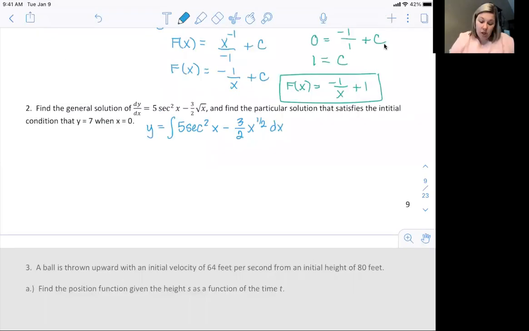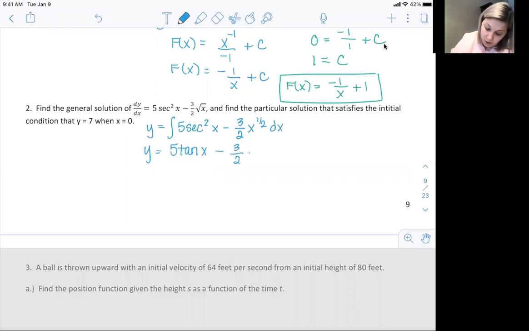All right, so let's start with our integral. Remember, you can go term by term. The antiderivative of 5 secant squared x, remember the constant just carries on through, is going to be 5 tangent of x minus, the 3/2 is a multiplier, so we carry that down.